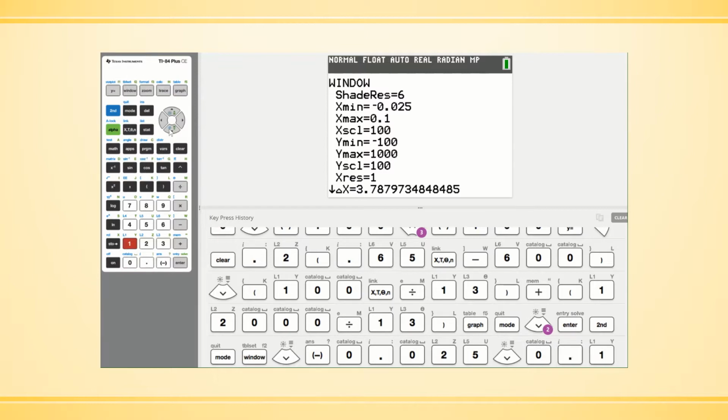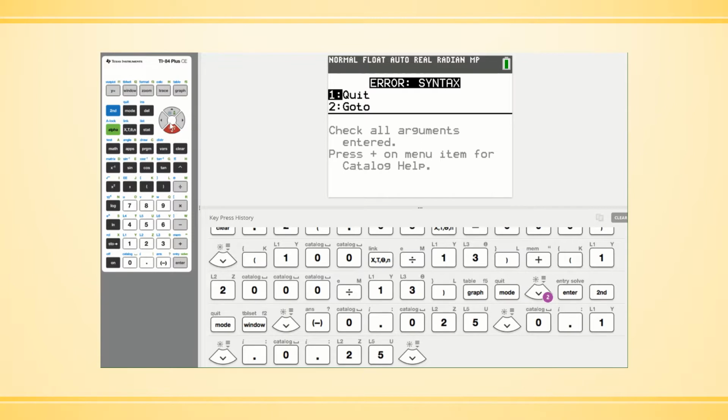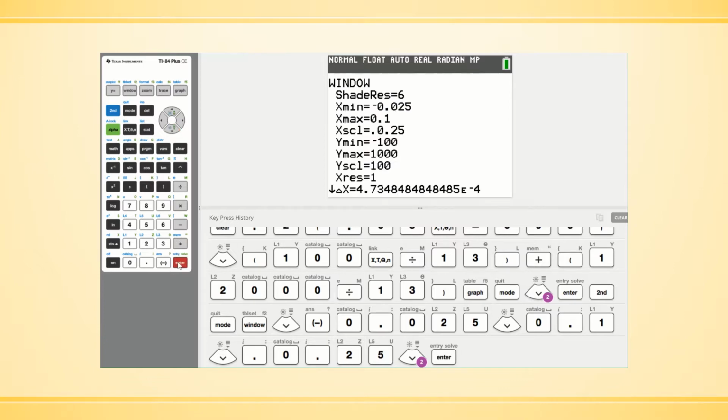And let's see, my scale needs to be at 0.025 also. What did I do? Oh, too many decimal points. Let's delete that. There we go. That should be okay.